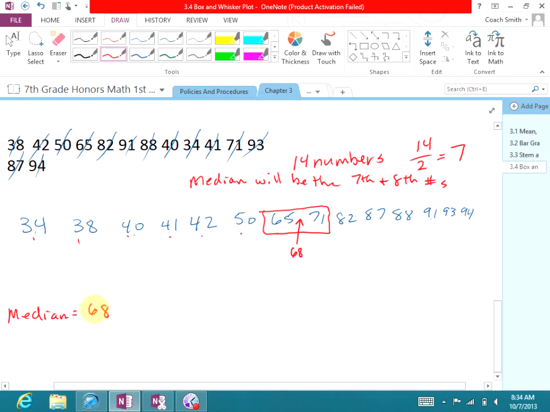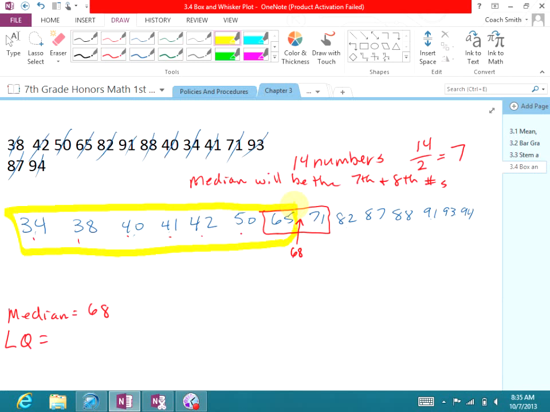Okay? Now, I need to find the lower quartile, what I call LQ. The lower quartile means I'm going to find the median of those numbers. Since my median was not one of the numbers, in other words, my median was not 65 or 71, then I have to use them in the lower half of the numbers.